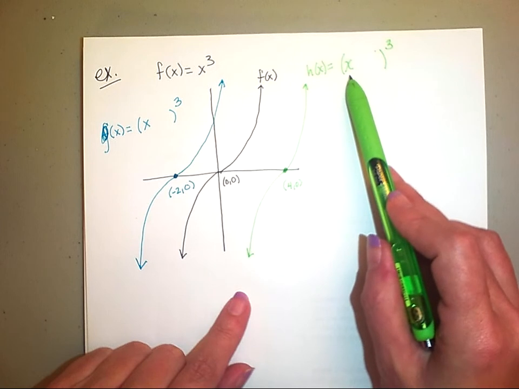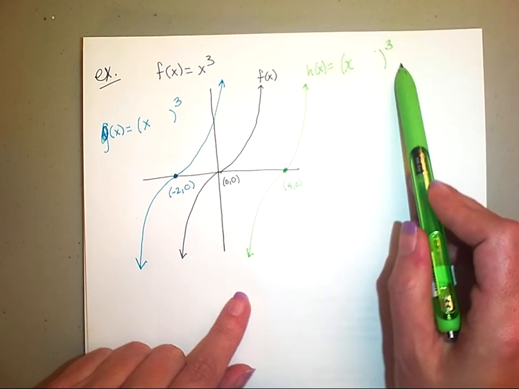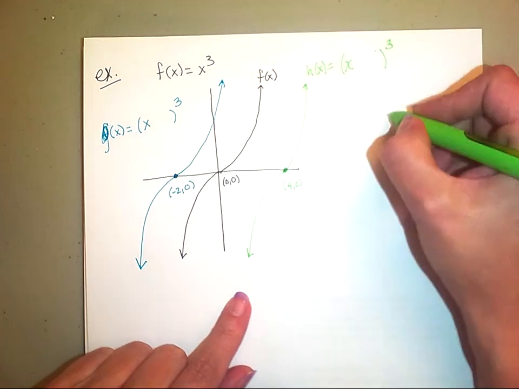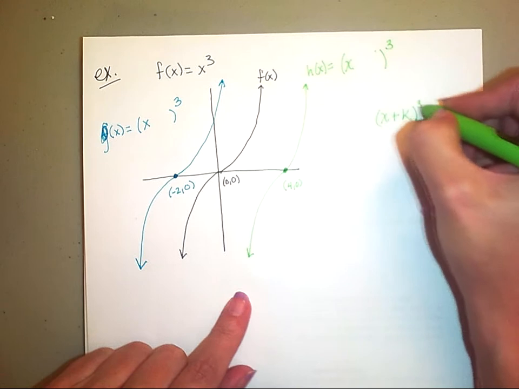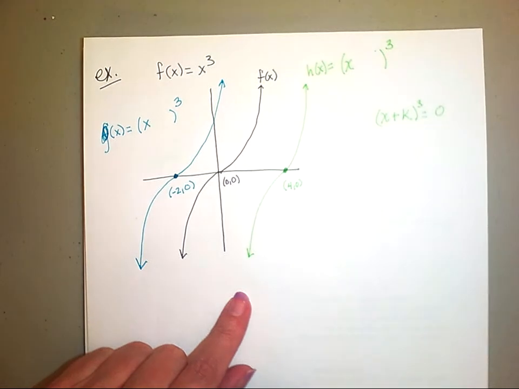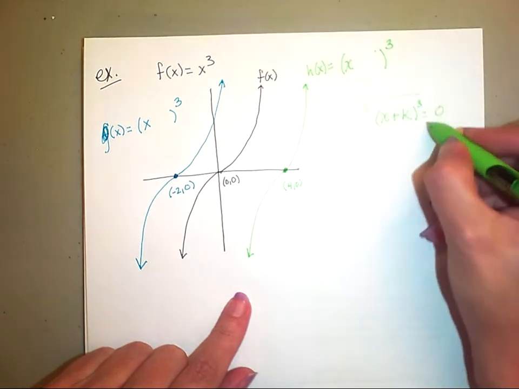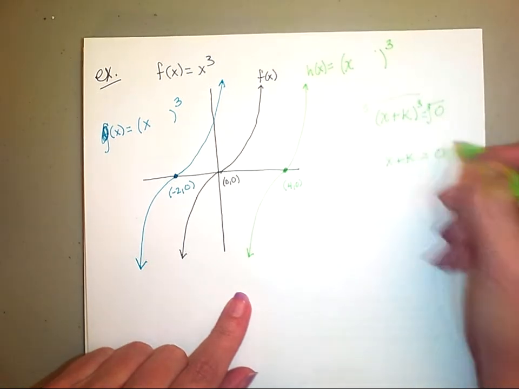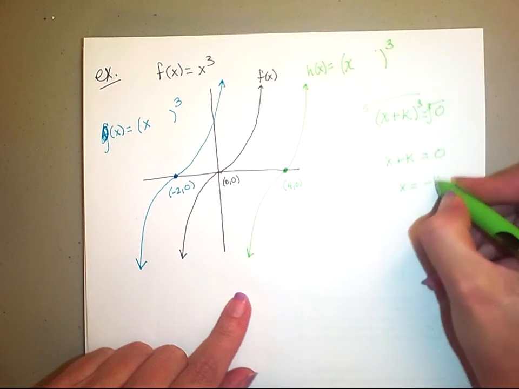Okay, so we want x to be 4 when the function is 0. So what do we have to do? So if I had x plus some constant inside of here, and it's cubed, we want to know when that's equal to 0. Okay. So if I take the cube root of both sides, we'll get x plus k is still equal to 0. And so what we find out is that x must be equal to negative k.